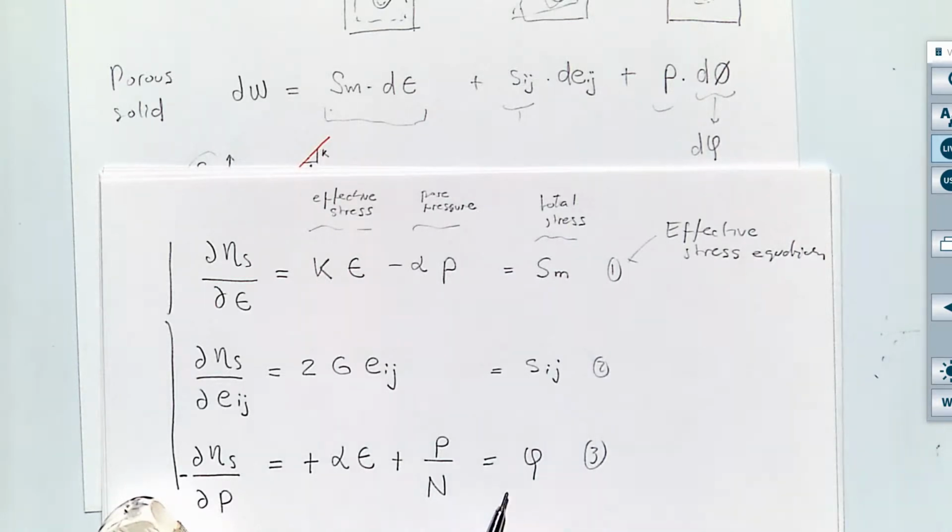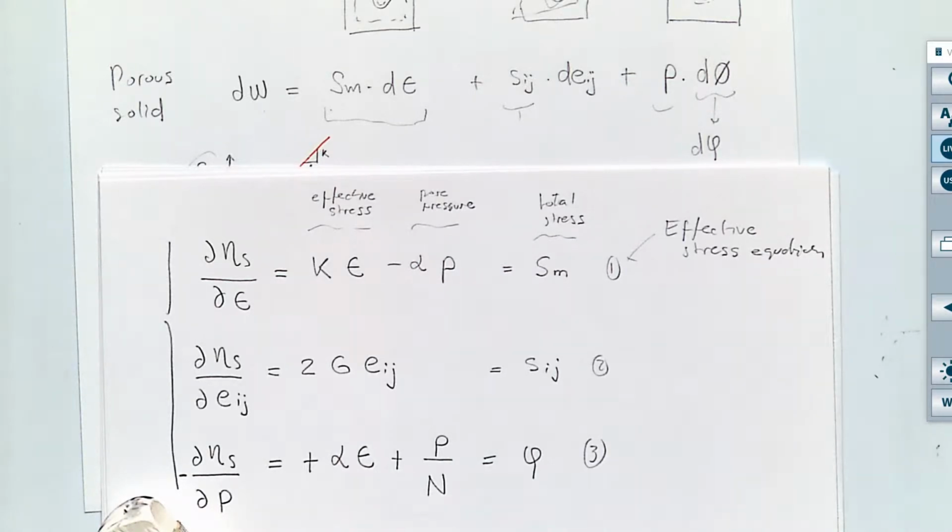And the third equation relates changes of porosity with changes of pore pressure of the fluid and volumetric strains. And this is something that we didn't have before. Now we have an equation which is corrected by this new coefficient, but before we didn't have anything like this that will tell us changes of porosity with changes of volumetric strain and changes of pore pressure. So this is fairly new.